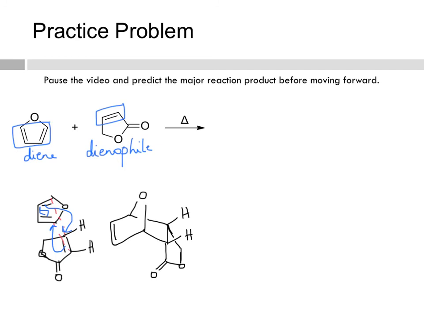Now what if I had drawn this dienophile the opposite way?